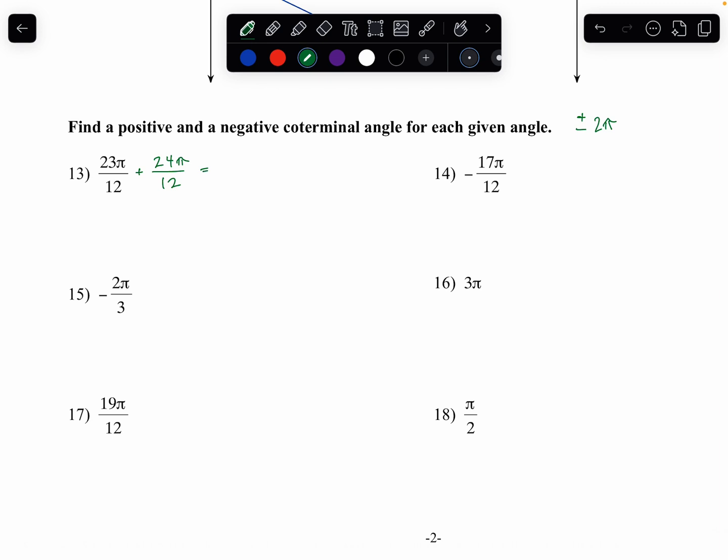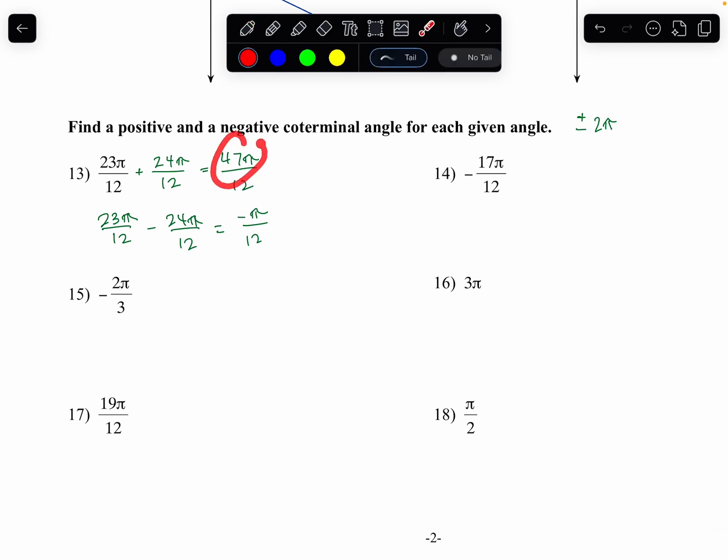So this will be equal to 47 pi over 12. So this is a positive, but we also need to find a negative. So I'll take 23 pi over 12 and I'll subtract 24 pi over 12. So essentially I'm subtracting 360 degrees, and that should be just equal to negative pi over 12. So here is a positive coterminal angle, and here's a negative coterminal angle.